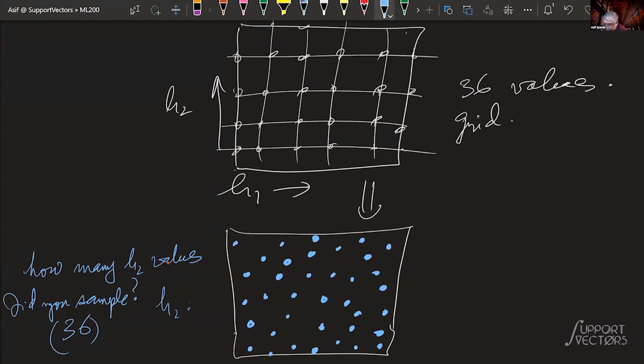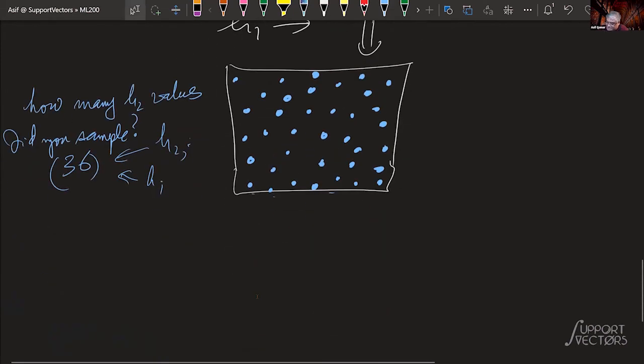And how many H1 values did you sample? Also 36, isn't it? Because when you project along each of the axes, you will have lots of values. All 36 values will be distinct because it's very unlikely that any of those values will overlap if you take random numbers. So you get a more uniform search, a richer search of the feature space.